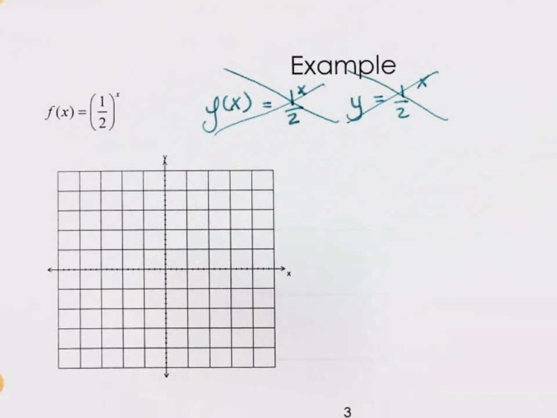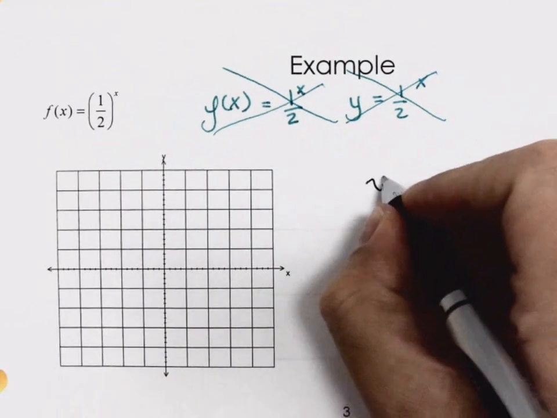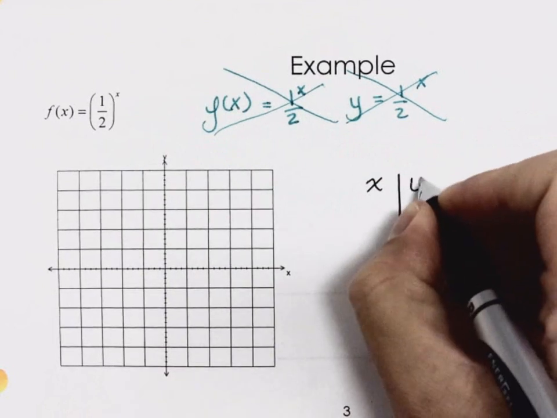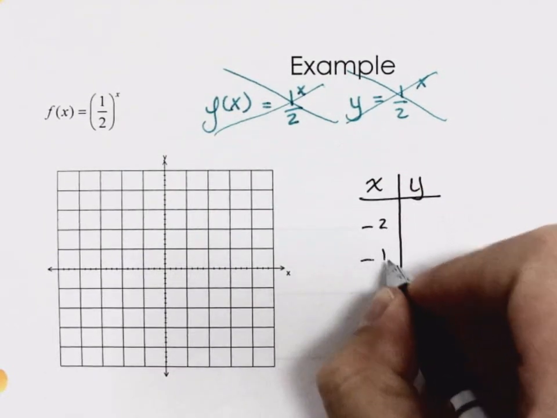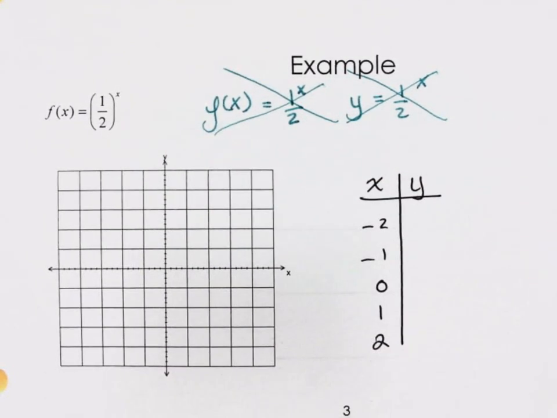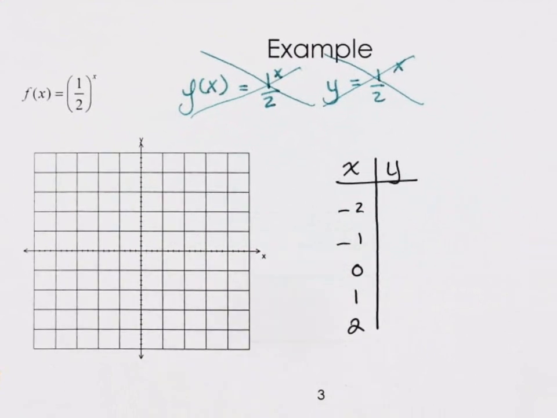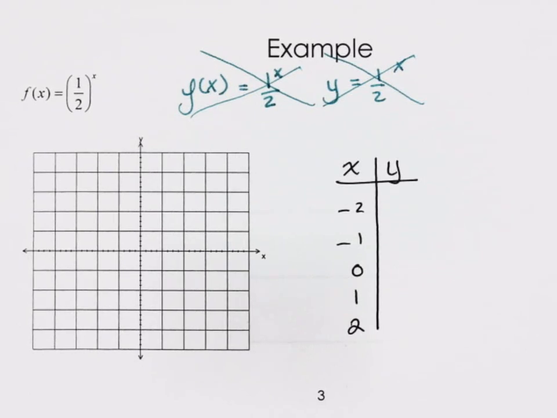Okay, let's do a table of values. I'm a big fan of -2, -1, 0, 1, 2. What point is going to be the same on all exponential graphs, assuming they have no transformations? 0. How come? Because that will always come from 0. But that didn't tell me how come. Oh, because 1.